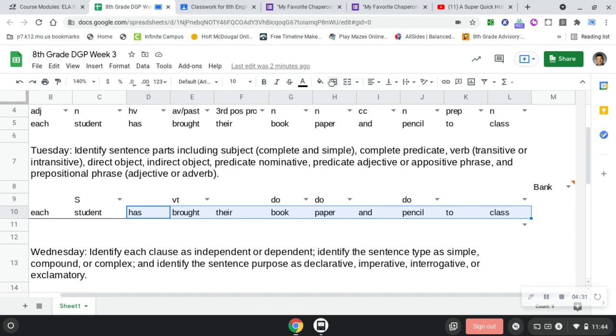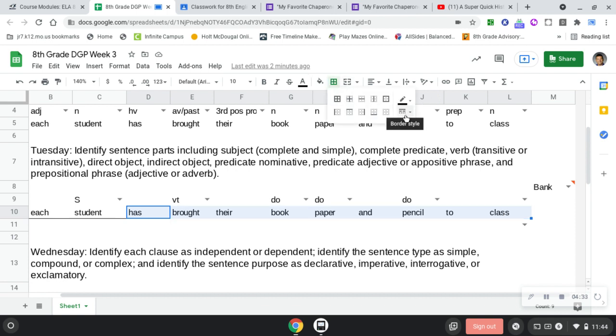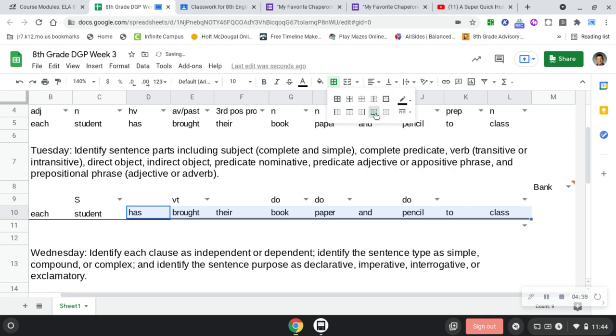Then we go up to our waffle or our window, click on the border style and double underline, and then you hit the bottom border button. Was everyone able to get it to look like that? Okay, if you're still having issues with that, let me know. I can help you. That way you don't fall behind with it.